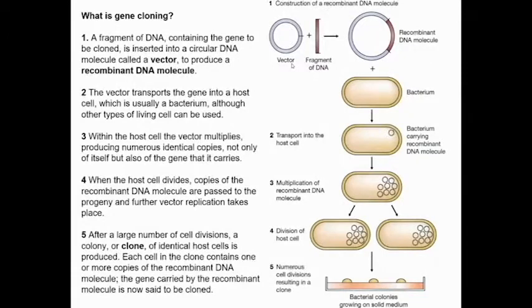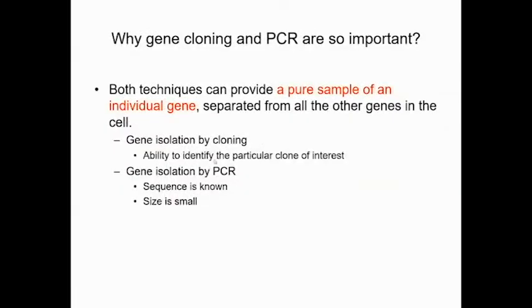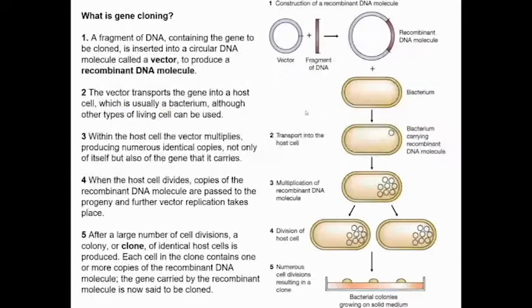They isolate this circular DNA from either bacteria or a virus, and use it as the vehicle to carry the piece of DNA, the gene of interest. So you have this vector, and you have the DNA fragment, which can come from PCR or from restriction digestion, right?